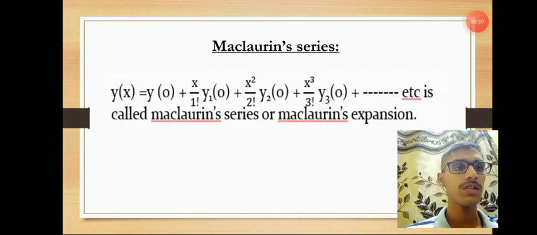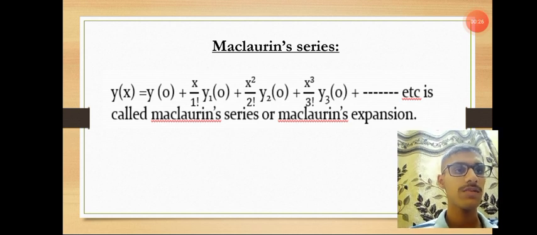The first topic that we will be covering today is Maclaurin series expansion. The expression of Maclaurin series is y of x equals y of 0 plus x divided by 1 factorial into y1 of 0. y1 of 0 represents the first derivative of y of x, plus and so on it continues.